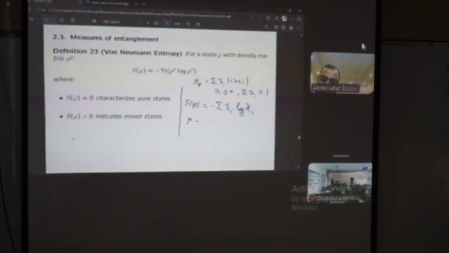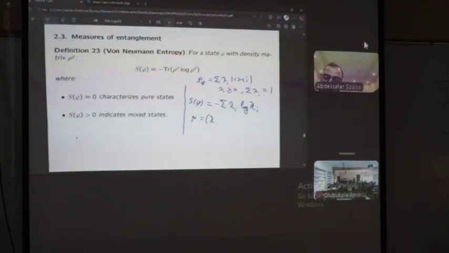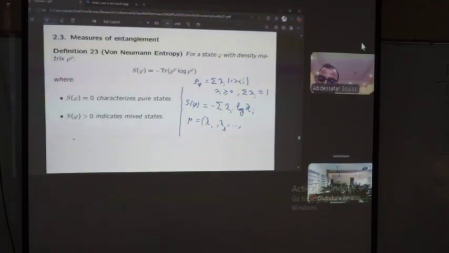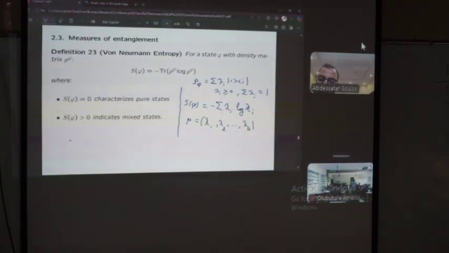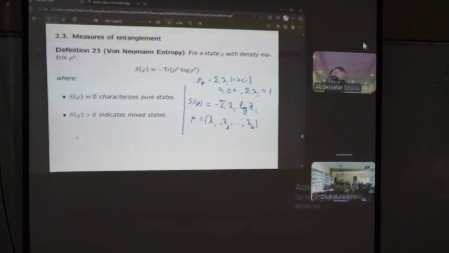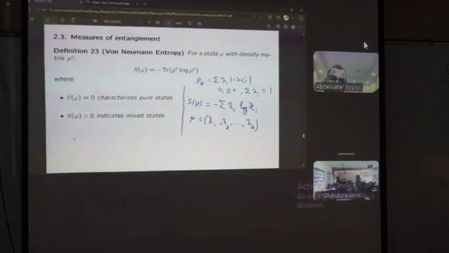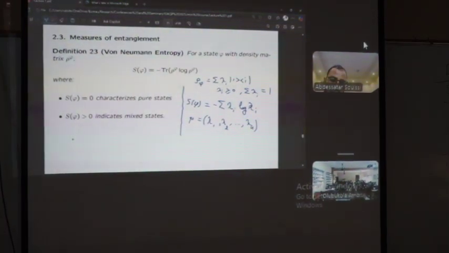Mu is lambda 1, lambda 2, and so on. Now, why is this measure, which is the von Neumann entropy, used when we are studying pure states?